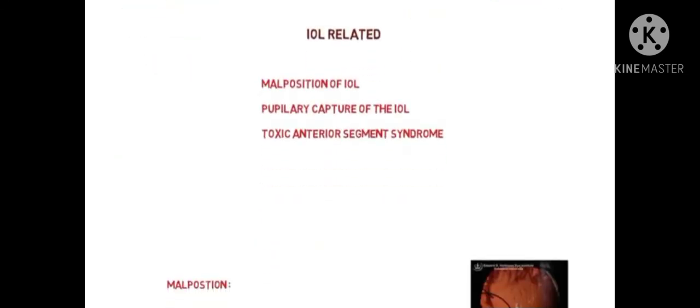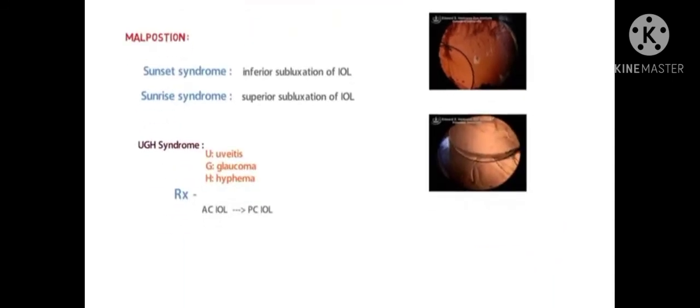After that, we discussed IOL-related complications, in which malpositioning of the intraocular lens, pupillary capture of the intraocular lens, and toxic anterior segment syndrome. In malposition, there is sunset syndrome, sunrise syndrome, and remember UGH syndrome. U for uveitis, G for glaucoma, and H for hyphema. And the treatment is replacement of the anterior chamber IOL by a posterior chamber IOL.